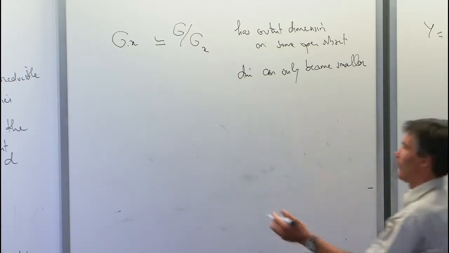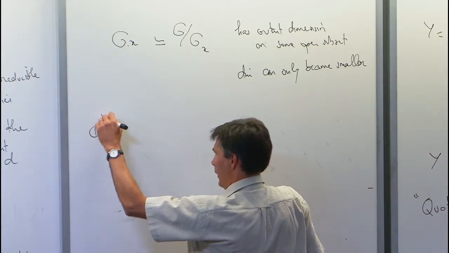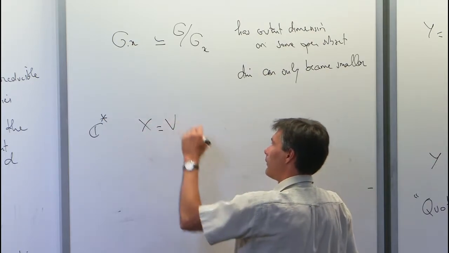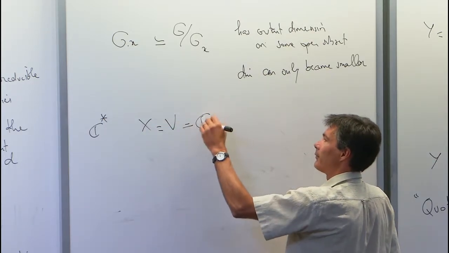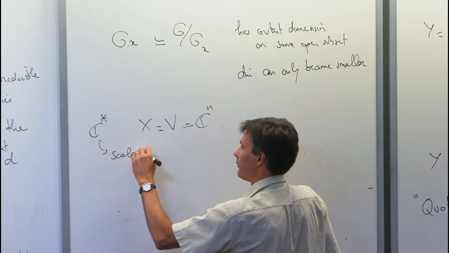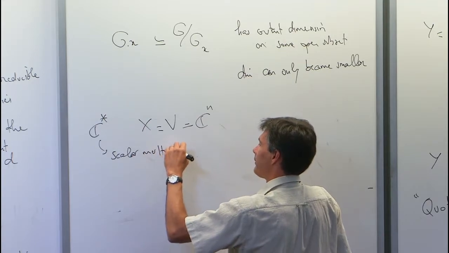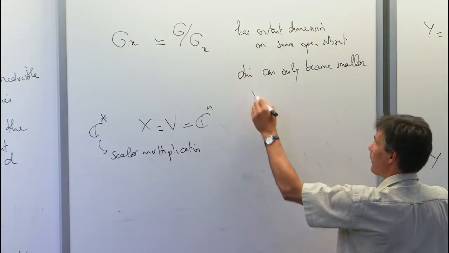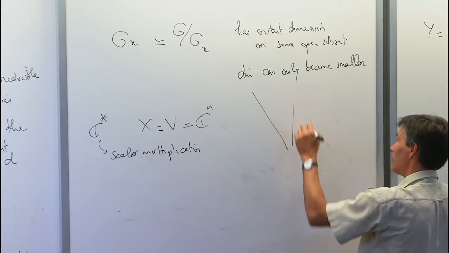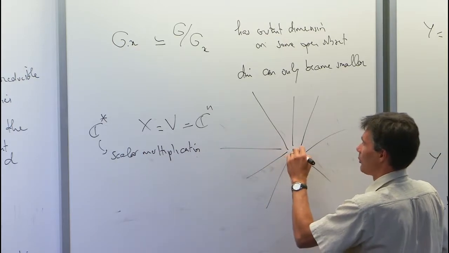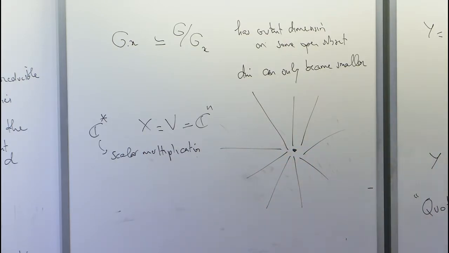So if you want to see an example, let's think of C star acting on, I don't know, x equal the space of dimension n, acting by scalar multiplication. So what are the orbits? Well, they are just lines. They have a constant dimension, and there is one special orbit, which has dimension 0.